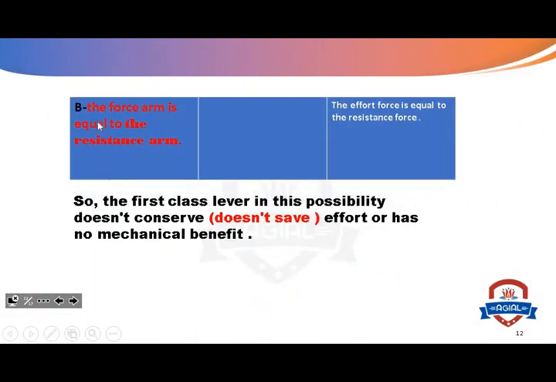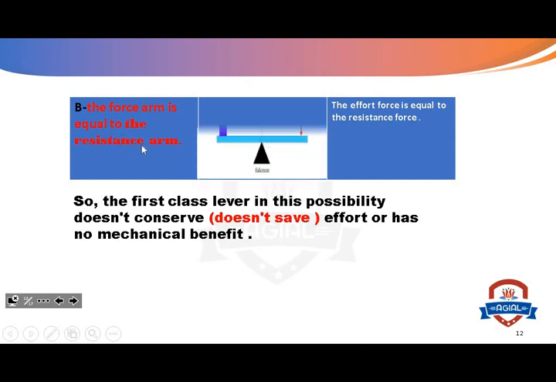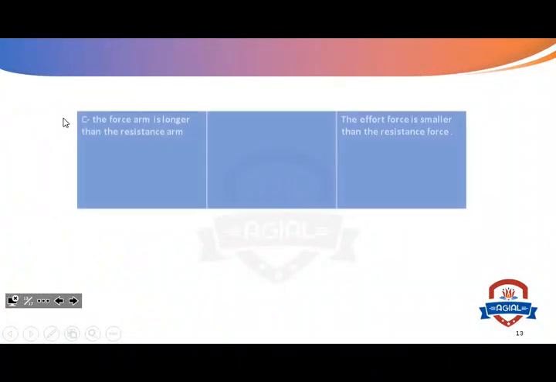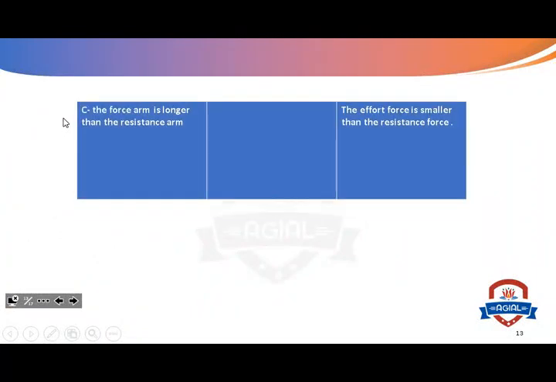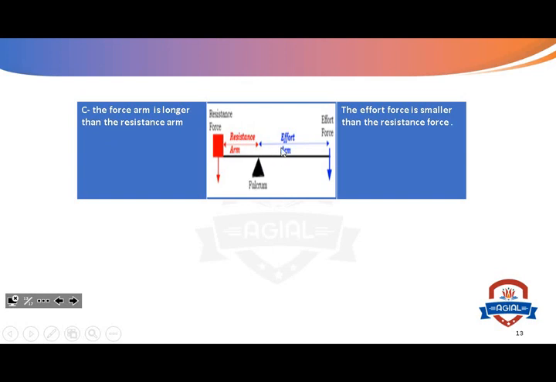Possibility number 2: the force arm is equal to the resistance arm, so the effort force is equal to the resistance force. The first class lever in this possibility doesn't save effort or has no mechanical benefit. Possibility number 3: when the force arm is longer than the resistance arm, the effort force is smaller than the resistance force.